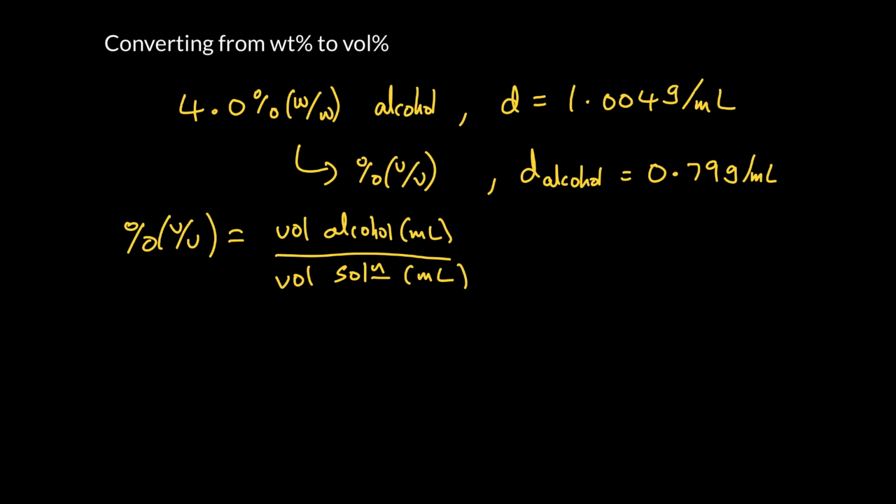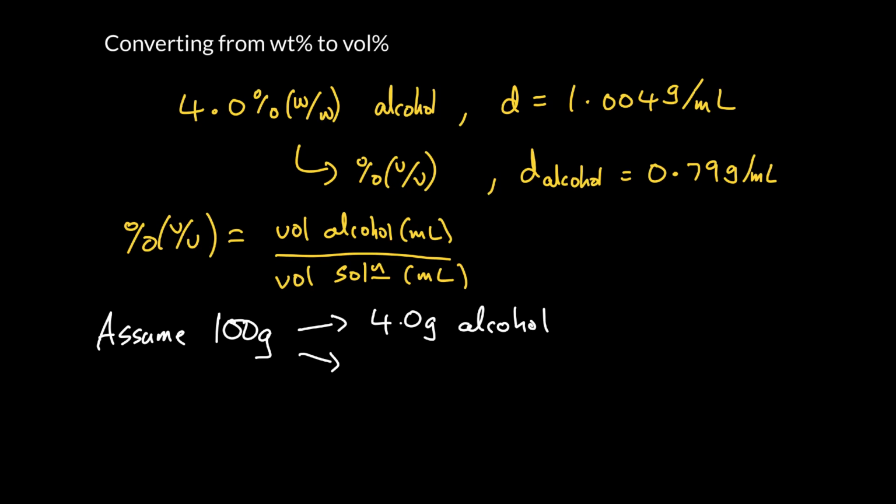So I'm going to start by assuming I've got 100 grams of this beer. If it's 4% by weight, that means I've got 4 grams of alcohol per 100 grams of beer. Now, if the beer is just alcohol and water, which would be very bad tasting beer, then if 4 of those 100 grams are alcohol, the remaining 96 grams are water.